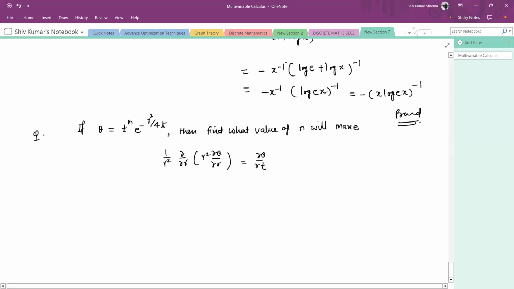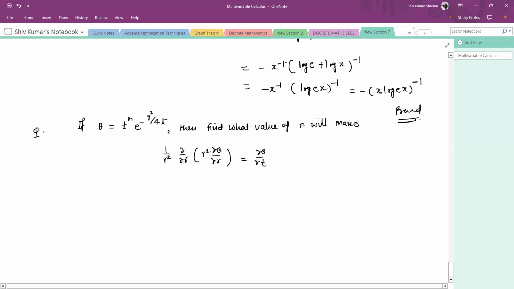So we have to calculate the value of n which makes this equal.